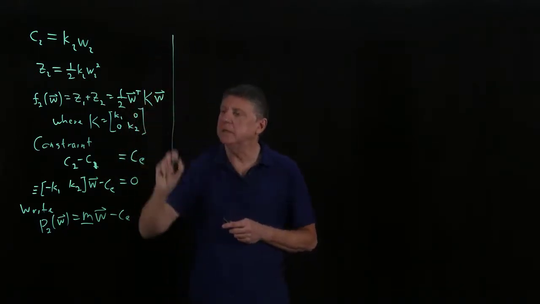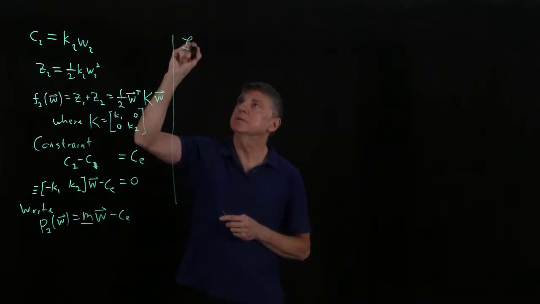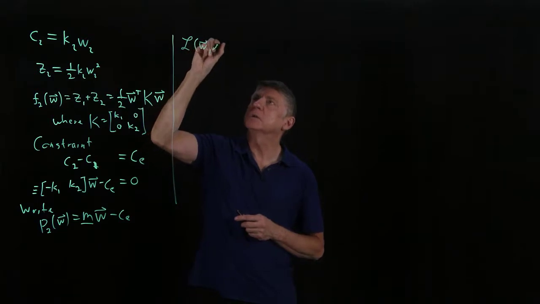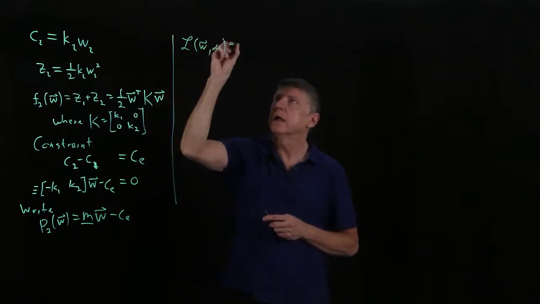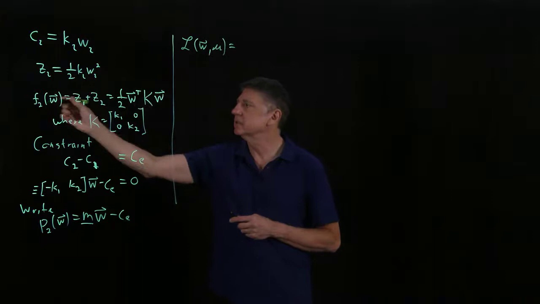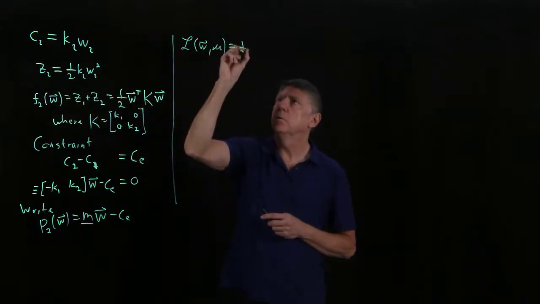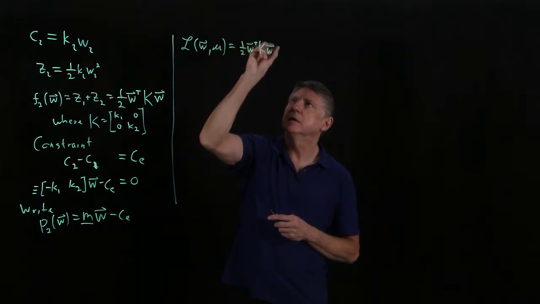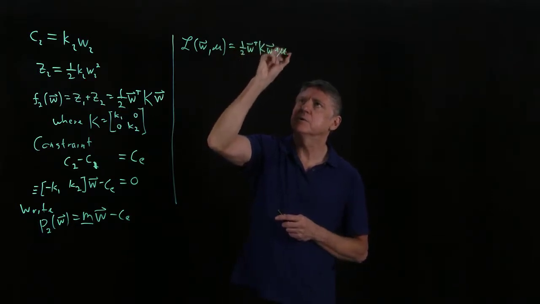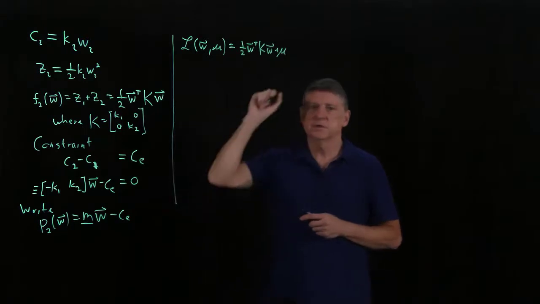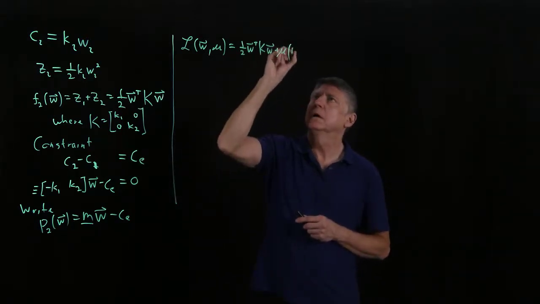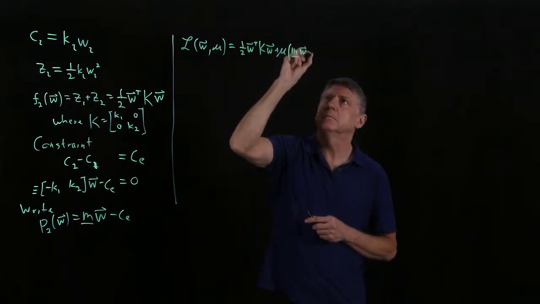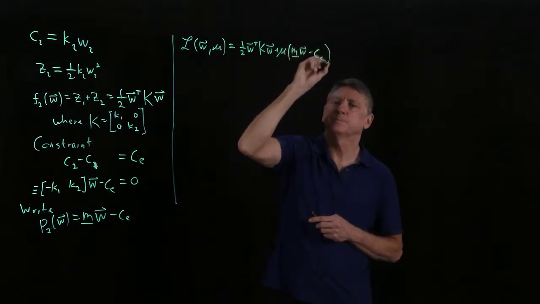The Lagrange function is a function of the vector argument and the Lagrange multiplier, and that is 1/2 of W transpose K W, and then I add the Lagrange multiplier times the property, so that would be the 1 form m times the W vector minus the external force.